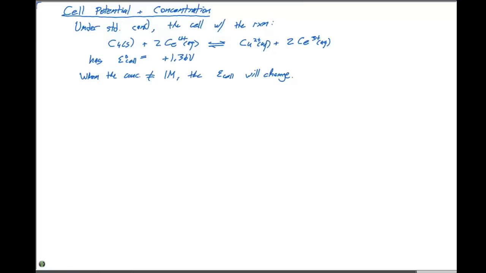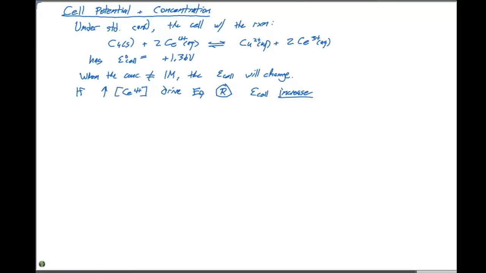So if we increase the concentration of the Ce4+, this is going to drive the equilibrium over to the right, and as a consequence, we're going to see the cell potential is going to increase. So that's one stress that we can apply onto this equilibrium.